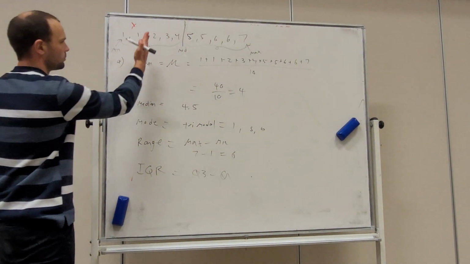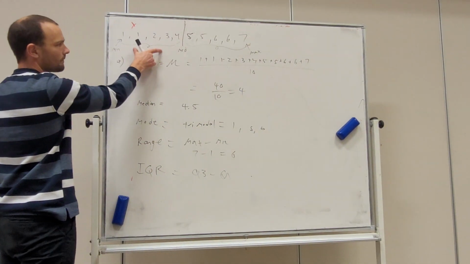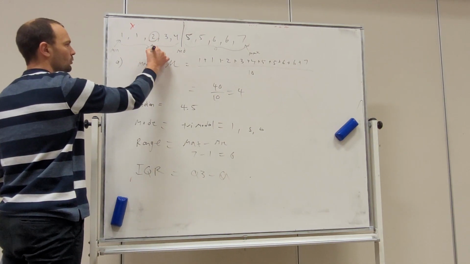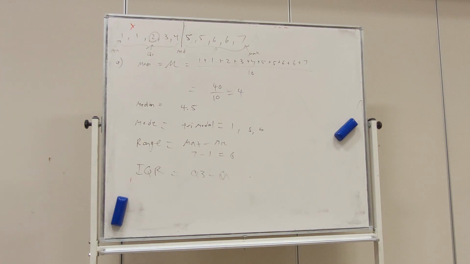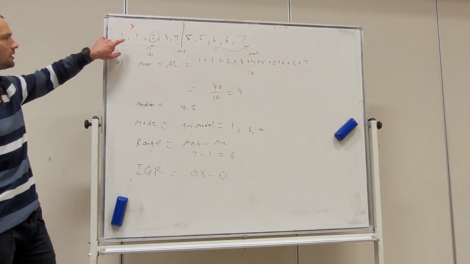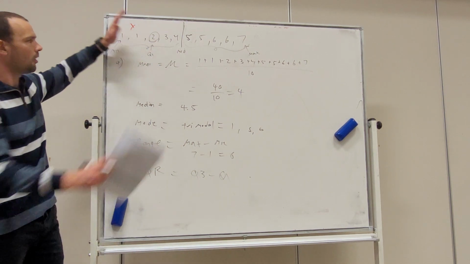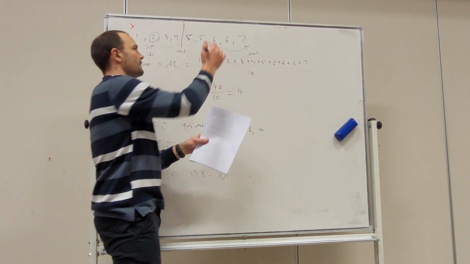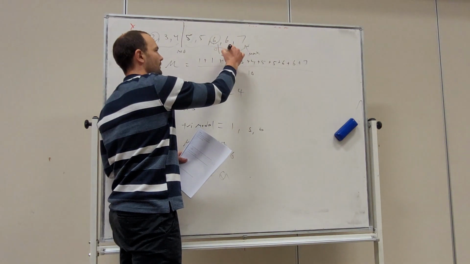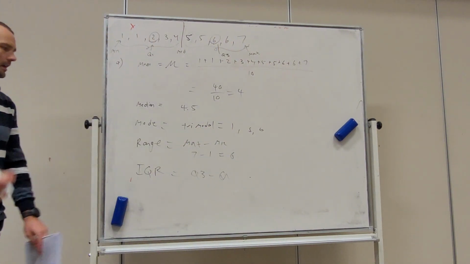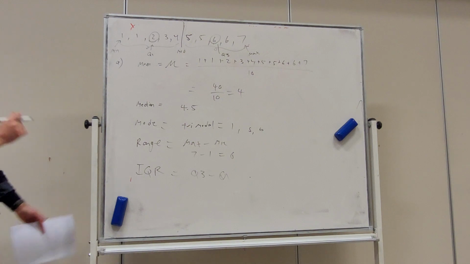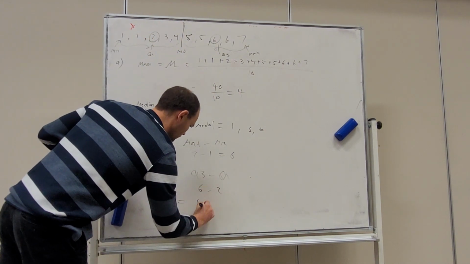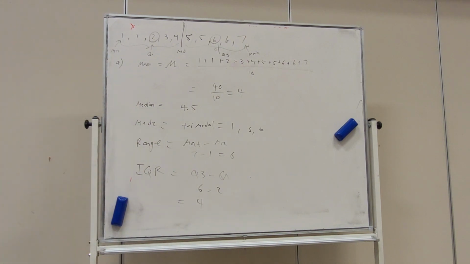For the first quartile, what's the middle data piece of the lower half? It's going to be 2. That's our Q1, our 25th percentile. That's the median of the lower half of the data. Q3 is the median of the upper half of the data. Q3 take Q1, so we're going to have 6 take away 2, and our interquartile range is 4.